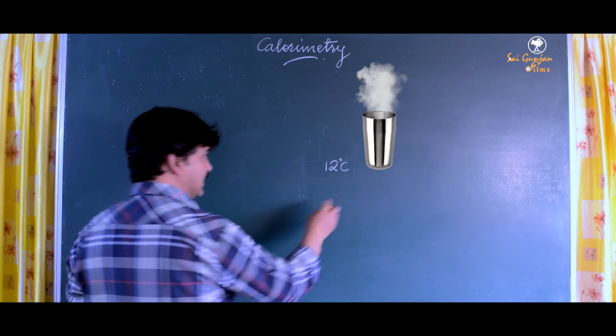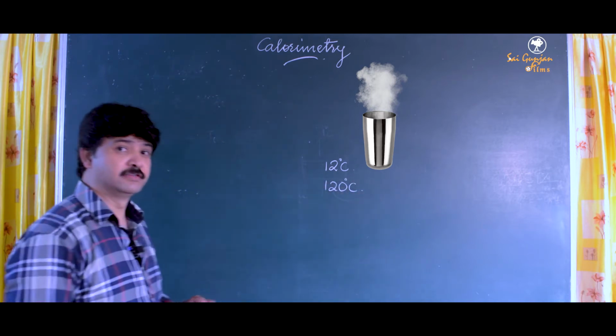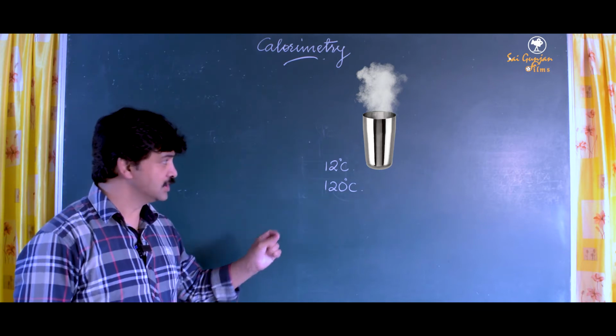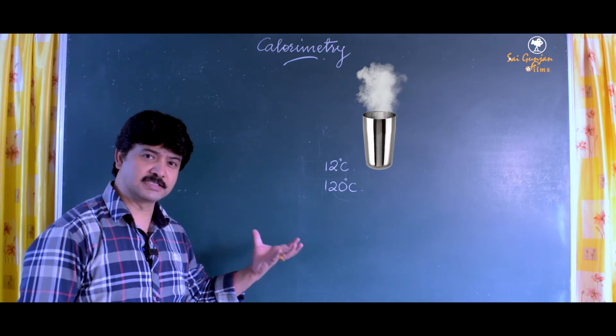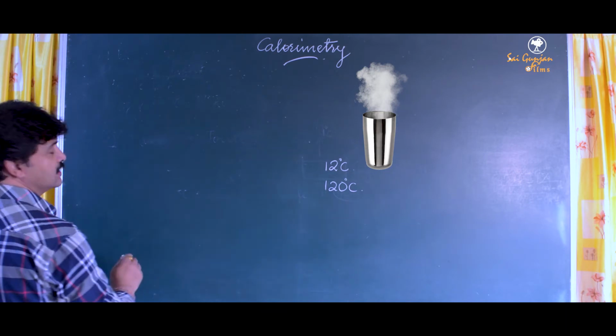But if I say 120 degrees Celsius, it means very hot. So these numbers are used in order to express the hotness of a body, isn't it? So these numbers are called temperature.